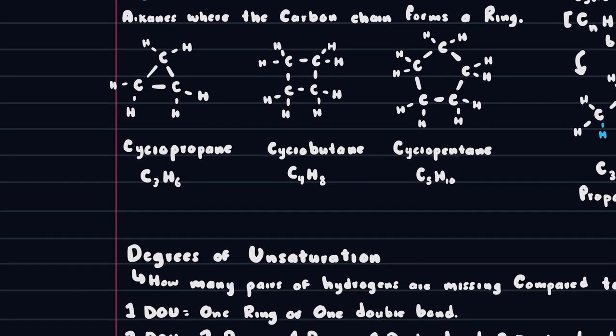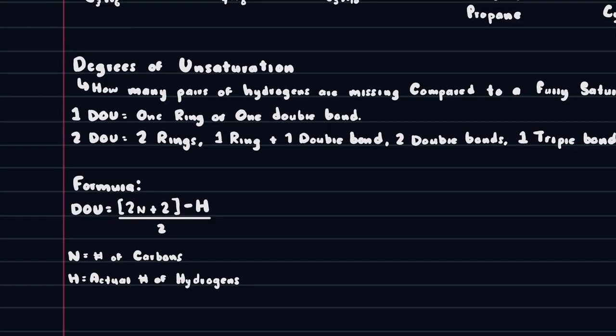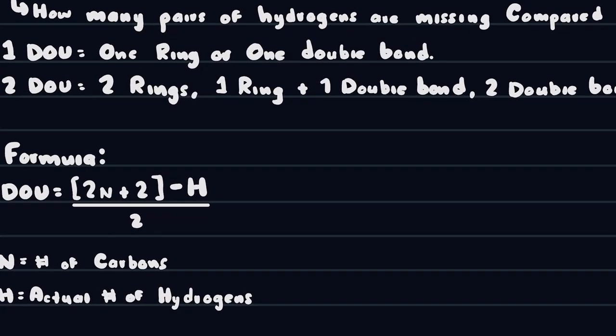So like here, for example, between propane and cyclopropane, the formation of a bond between those 2 carbons leads to the loss of 2 hydrogens, and so that's what we call 1 degree of unsaturation for cyclopropane. Because that means 1 degree of unsaturation is equal to the loss of 2 hydrogens. So here, 1 degree of unsaturation is equal to either the presence of 1 ring or 1 double bond that's disrupting the saturation of the compound.